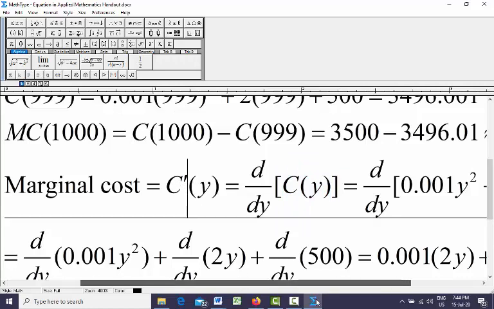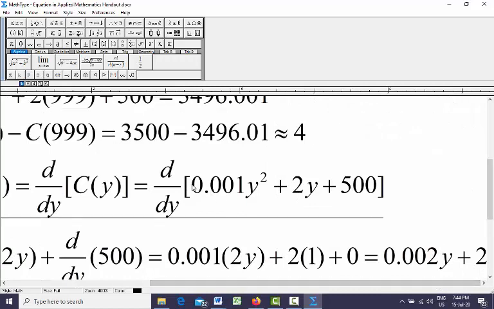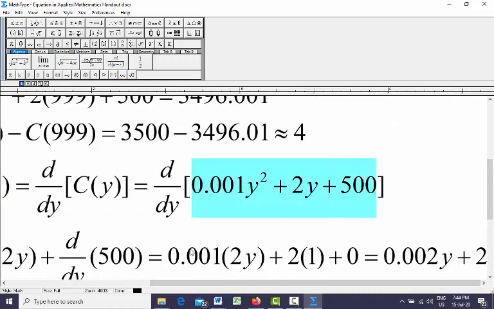So let's do differentiation now. This is the cost function, and you already know how to differentiate. You have a plus there, so you need to separate each part.